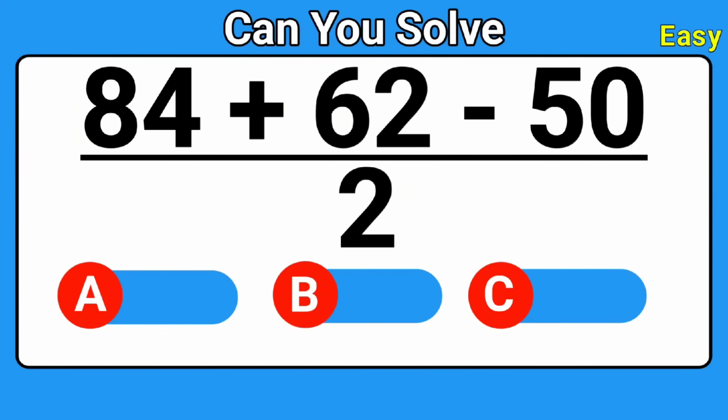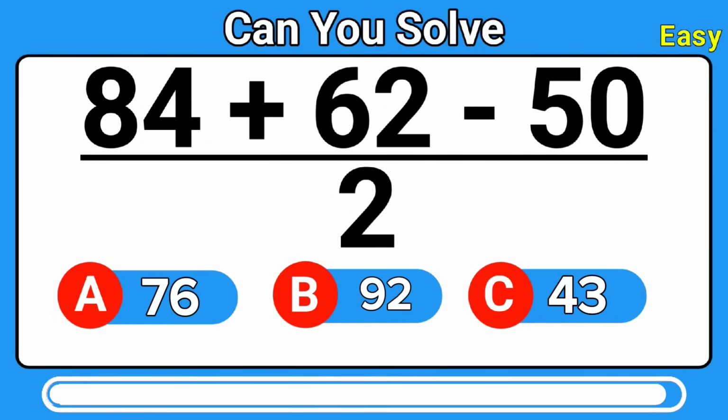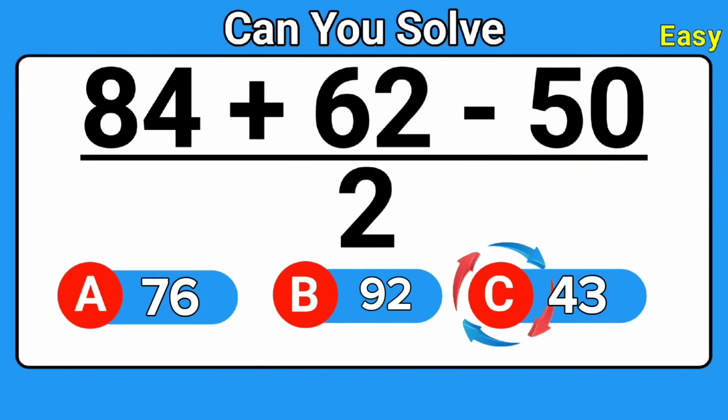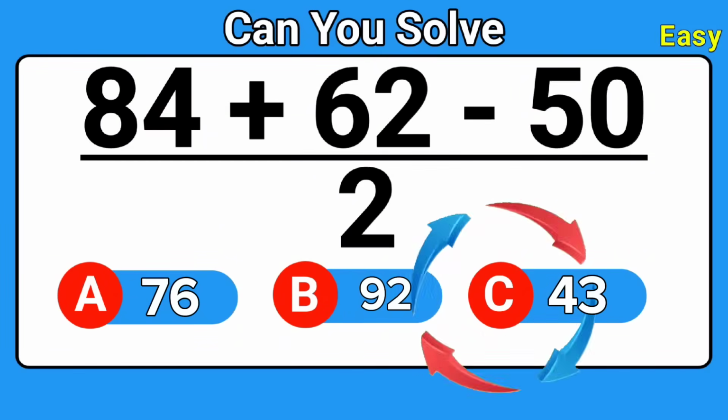Can you solve this math quiz? 84 plus 62 minus 50 divided by 2. The C option is the right answer.